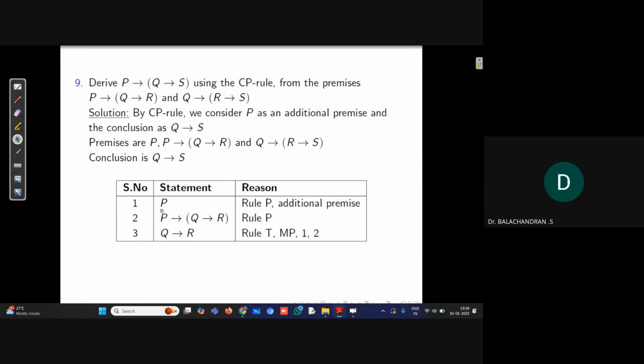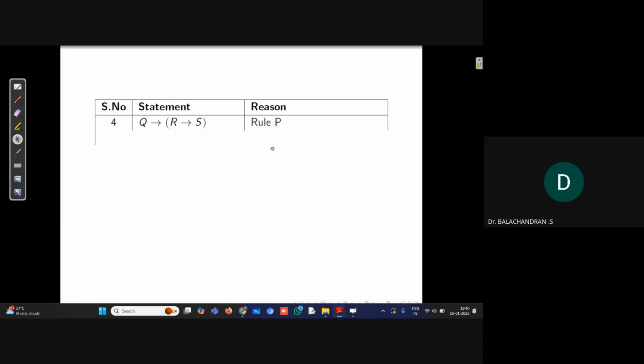P is an additional premise. Then I assume P implies (Q implies R), which is rule P, and P comma P implies Q gives Q, that is Q implies R. Still, I need to use Q implies (R implies S). The final conclusion is Q implies S. Next, Q implies (R implies S) is the third premise I used here.